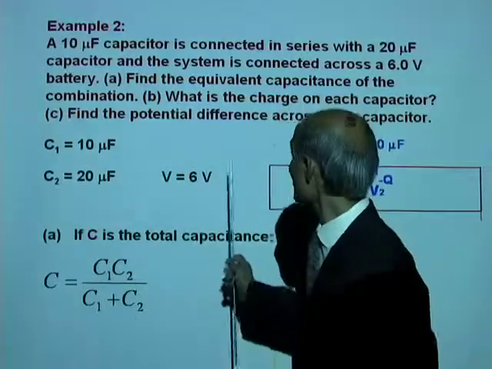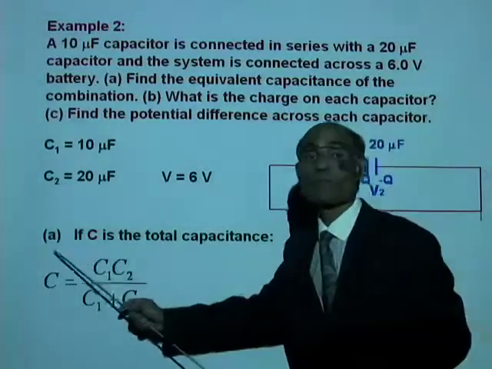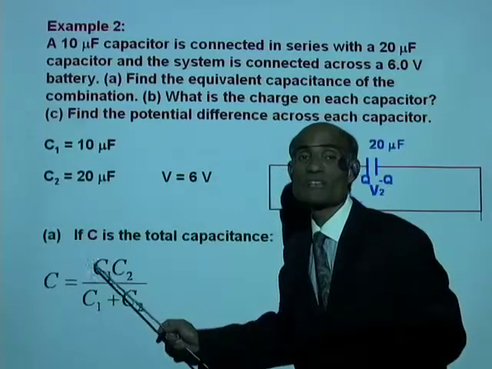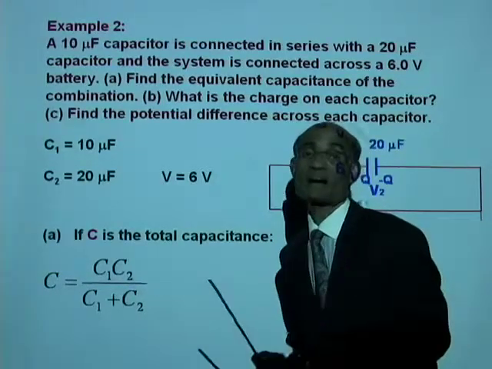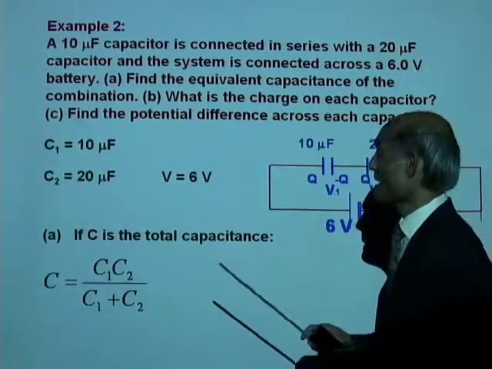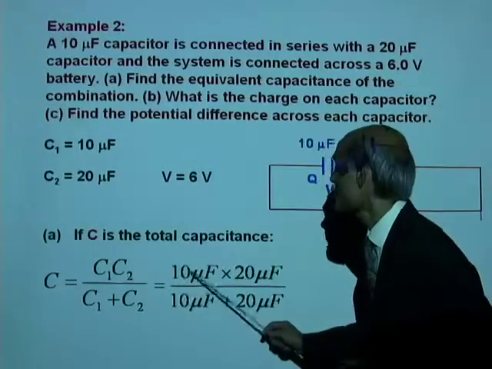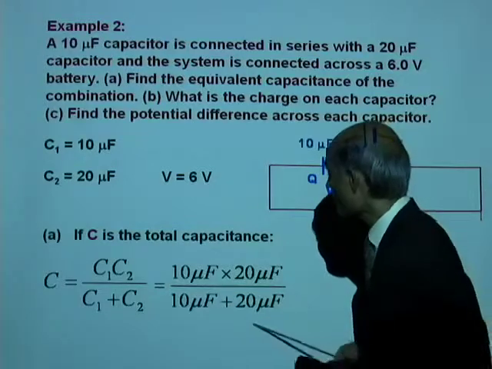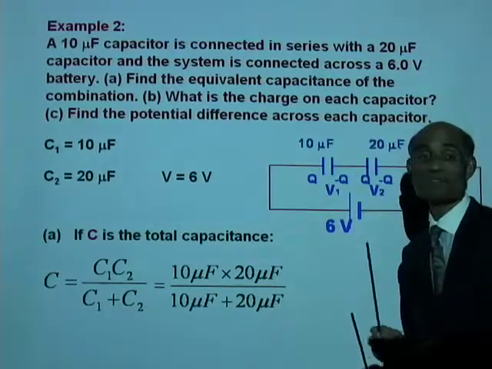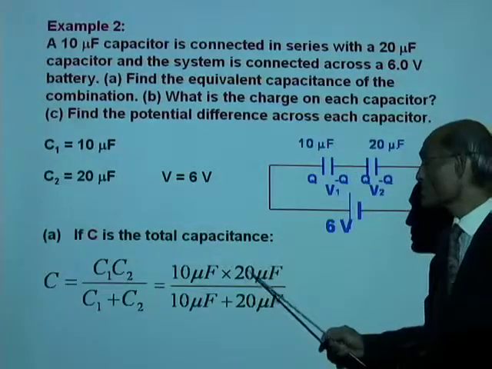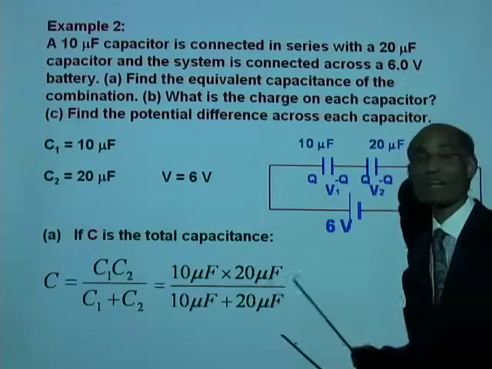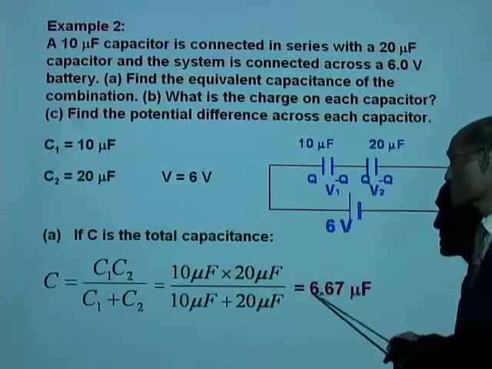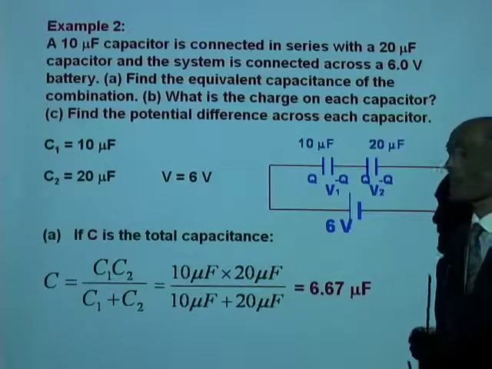So when you have two capacitors in series, the total capacitance is C1 C2 divided by C1 plus C2, and that will be 10 microfarad times 20 microfarad divided by 10 plus 20. What is that equal to? That will be 200 divided by 30, that will be 6.67 microfarad.